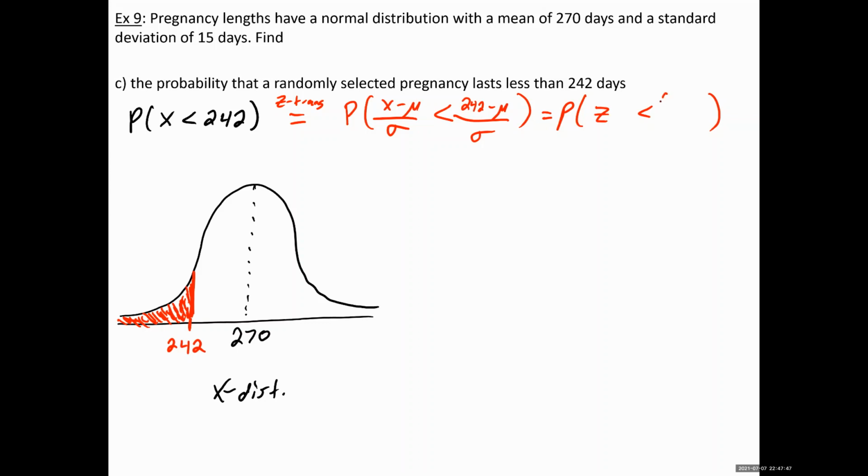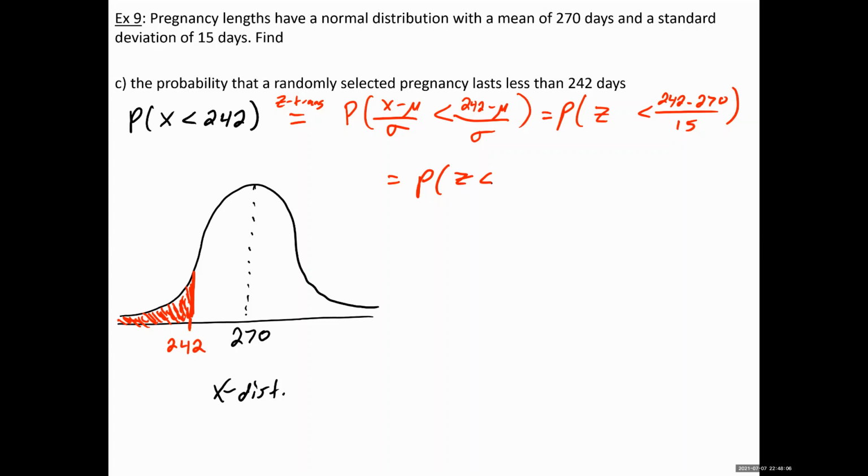For the right side, 242, I'm going to plug in the mu, which was 270, and then sigma's 15. And we calculate that. Again, you have to round that to two numbers after the decimal. So let me get my calculator out.